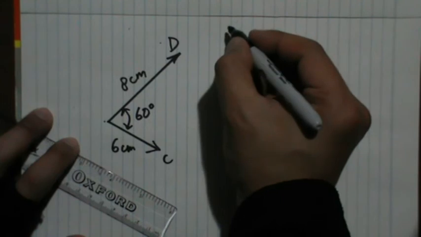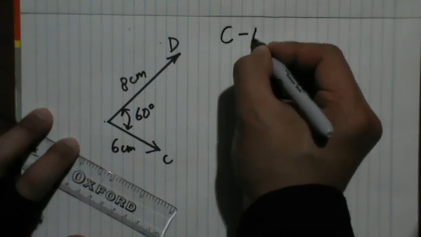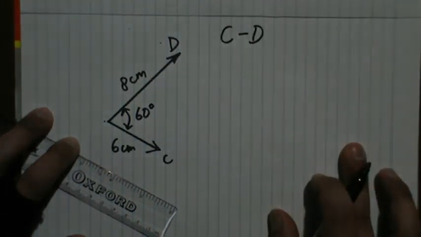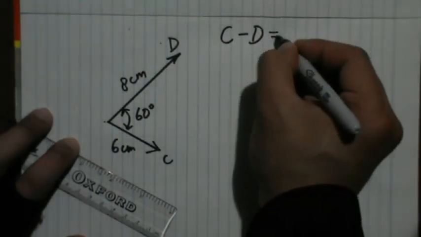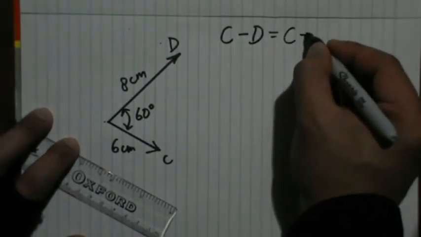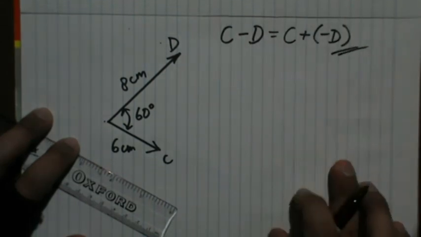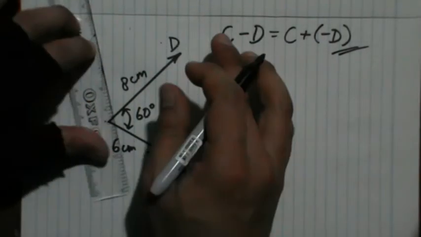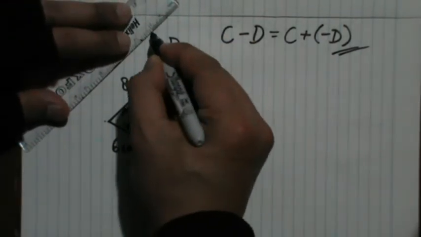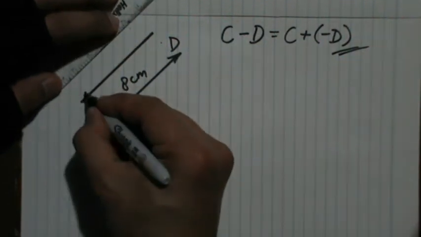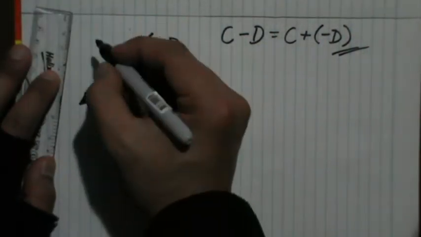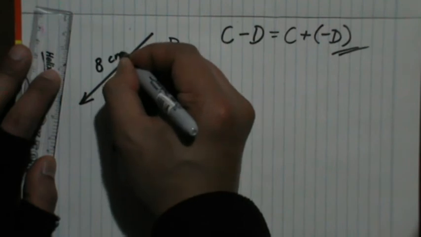So now in the previous problem we have vector C and vector D. Now let us find the magnitude of C minus D. And you already know that C minus D is the same as C plus minus D. If this is vector D, then minus D is just the opposite direction, but the magnitude is the same, 8 centimeter.